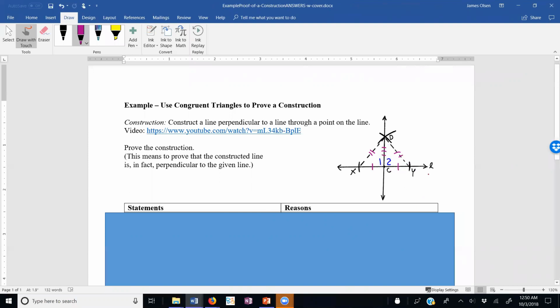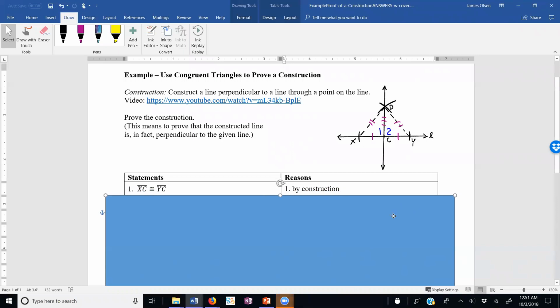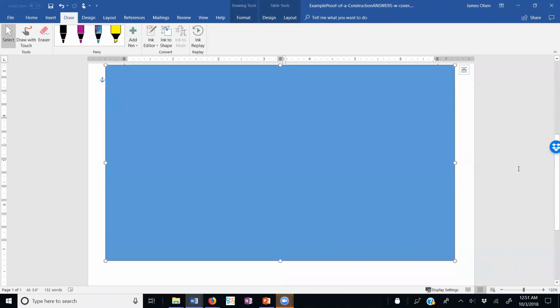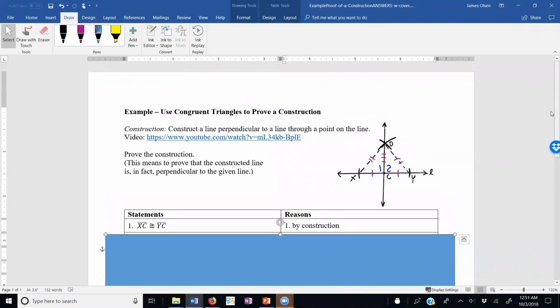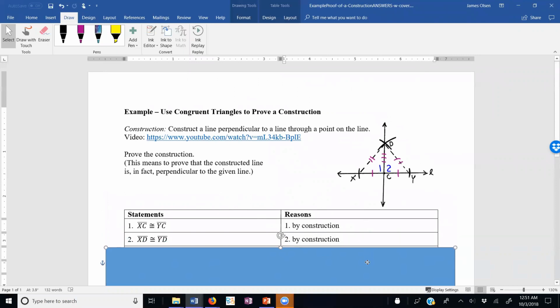And so let's see how the proof works. First thing we have here is that segment XC is congruent to segment YC by construction. Then we have segment XD congruent to segment YD.